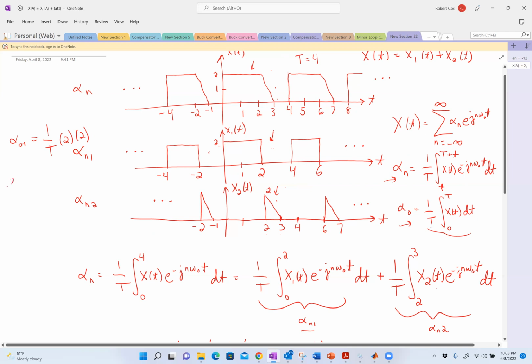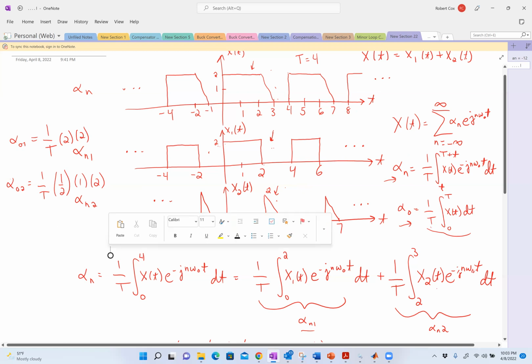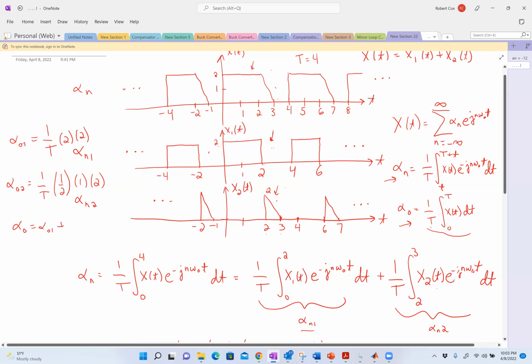For the triangle, it becomes 1 over t times 1/2 the base times the height. The base is 1 and the height is 2. Those are the average values of the two waveforms, and I can say that alpha 0 is equal to alpha 0,1 plus alpha 0,2.